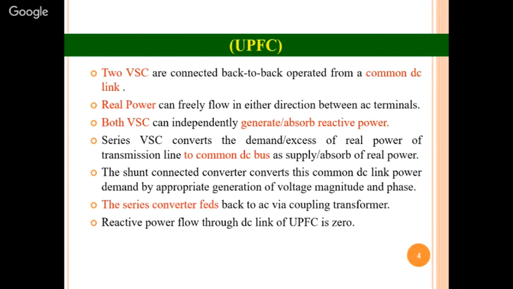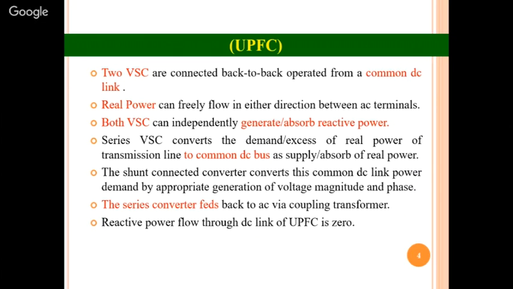And the series VSC, what does it do? It basically converts the excess of real power of the transmission line to the common DC bus, and it supplies or absorbs the real power. And the shunt connected converter converts this common DC link power demand by appropriate generation of the voltage magnitude and the phase. So basically, in the case of voltage source converters, the basic idea is injecting voltage into the line.